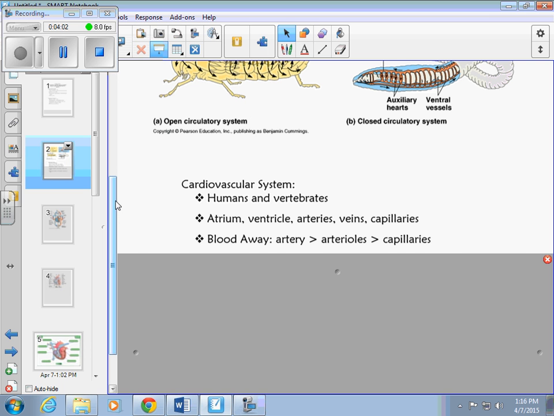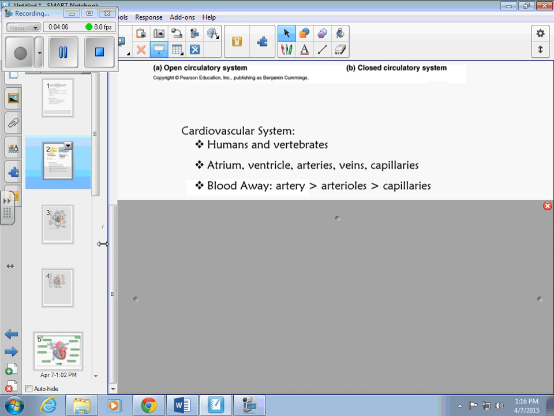And capillaries are where any and all diffusion is going to take place. So when I was mentioning before how oxygen or nutrients are going to diffuse into the blood, that happens at the capillaries. And the capillaries are so small that the blood cells are going through there almost in single file formation, really, really small.